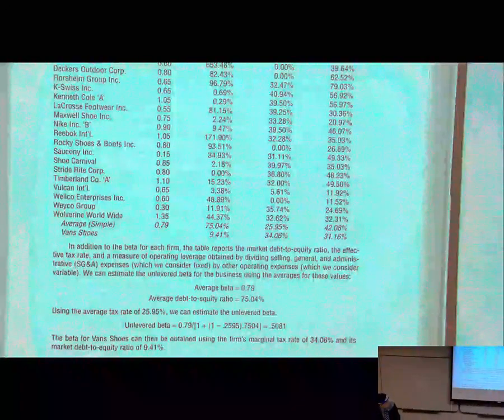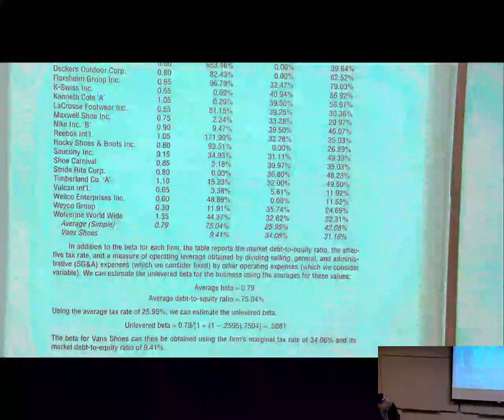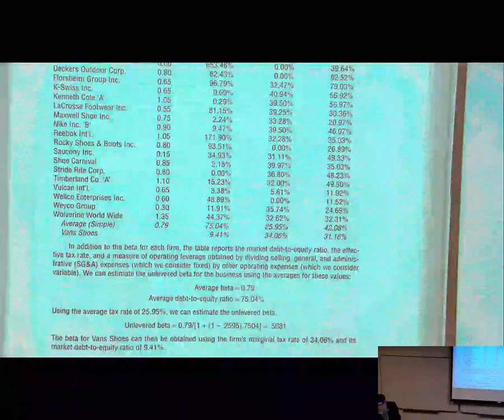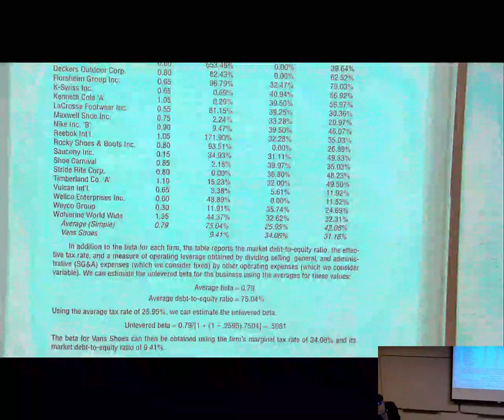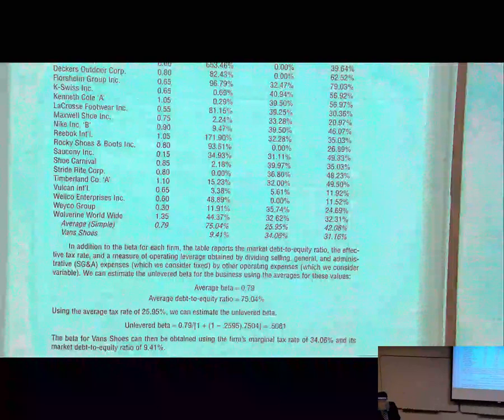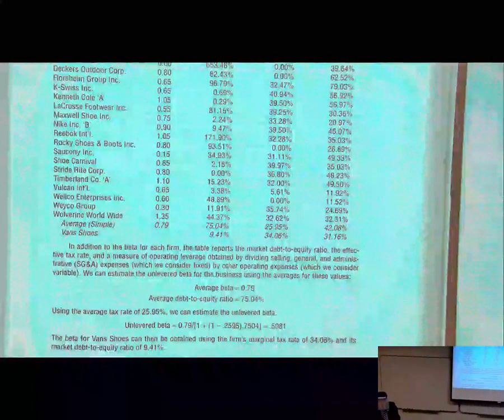So with the average tax rate of 25.95%, we can actually figure out the unlevered beta for an average company in this industry. Unlevered means assuming zero debt.